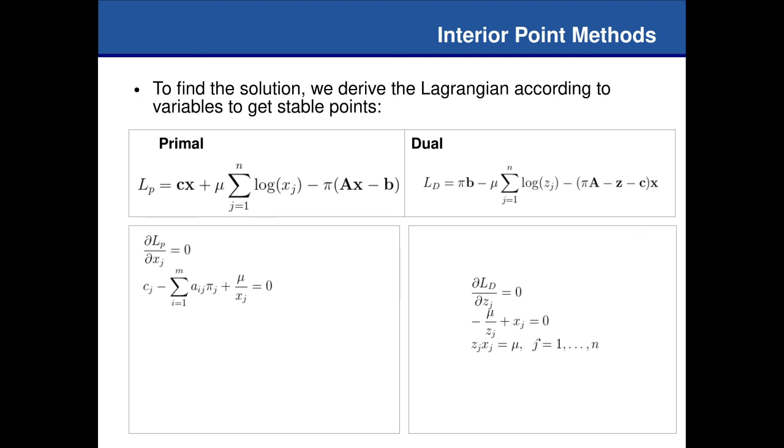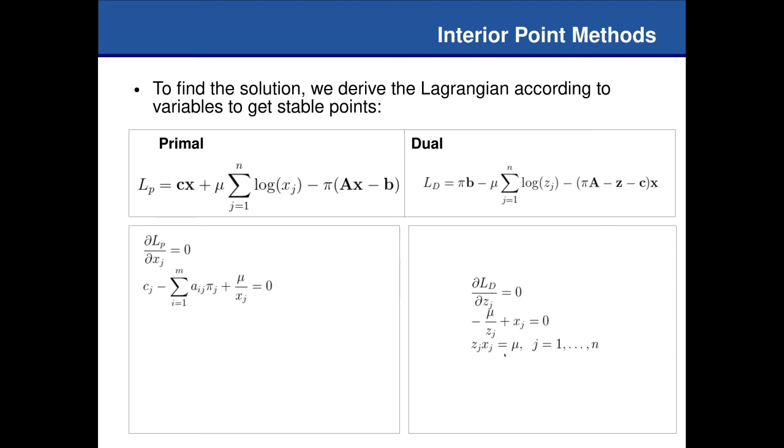And from this simple equation, we are going to find something that is amazing. Take a look. This xj I will just bring on the right side, so I have minus mu over zj equals minus xj, and that's the same as mu equals zj xj for all possibilities of j, of course.